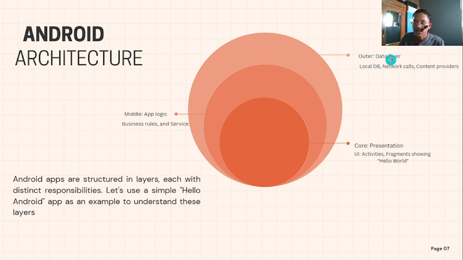Ang laman po ng data layer natin is ang local DB, network calls and content providers. And ang middle layer naman natin ay app logic. And ang app logic sir is nandito ang business rules and services. So, ang pinaka-core natin is yung presentation, sir. Ang laman ng presentation is UI, activities, fragments showing Hello World.